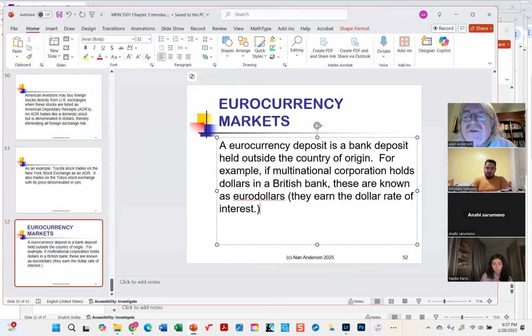This is where the majority of these deposits are held, and so it's very convenient for multinationals to have access to these markets. Now, you and I could probably do the same thing, but there might be large minimum requirements. There are probably easier ways for us to acquire foreign currencies than with Euro currency deposits.